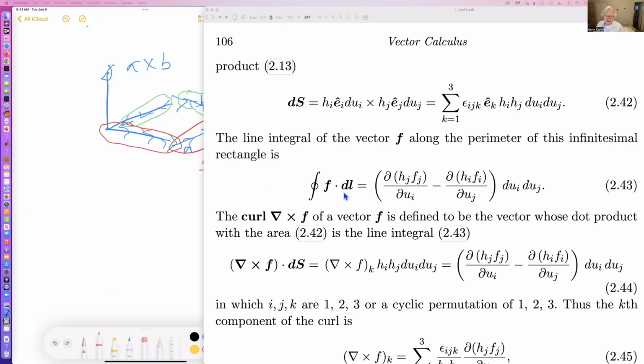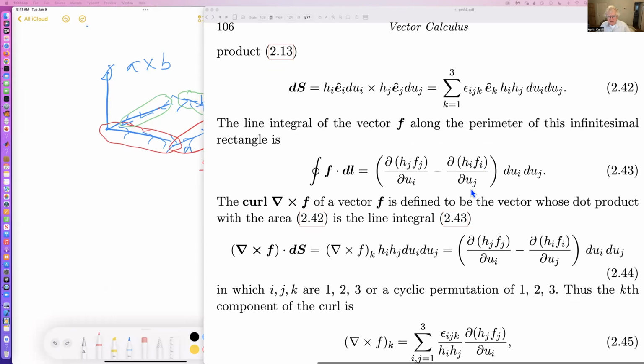And so what we have then for this integral of f dot dl is du_i du_j times the difference of these two partial derivatives.